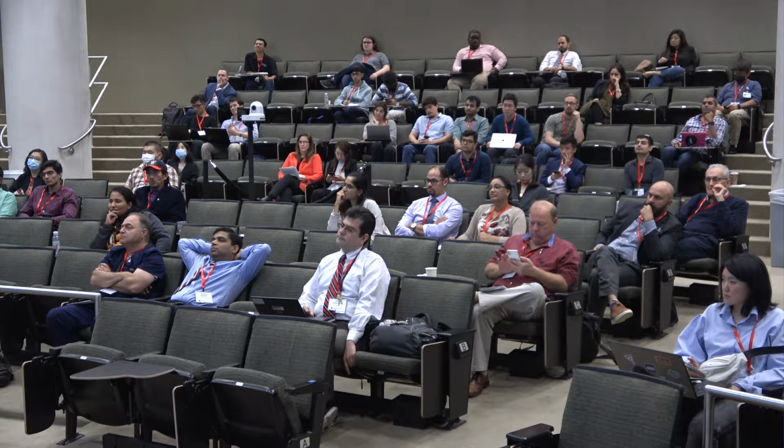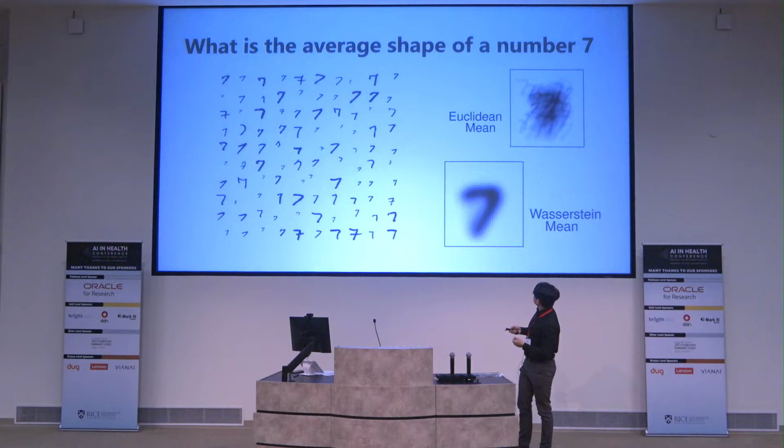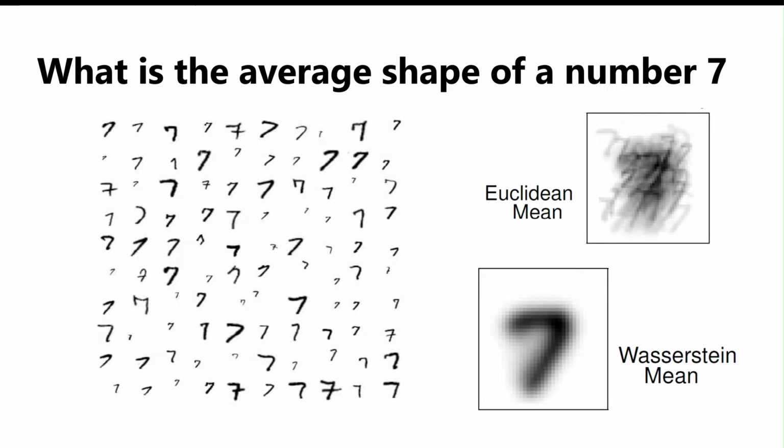But of course, not all the number 7s have the same scale, the same rotation, the same position. So what's going to happen is that you're going to get something like the thing here at the top, one on top of the other. But if you solve exactly the same problem using optimal transport, you get this image here on the bottom. Again, it's one of the images that sold me on these types of things, actually capturing the geometric structure of the data.